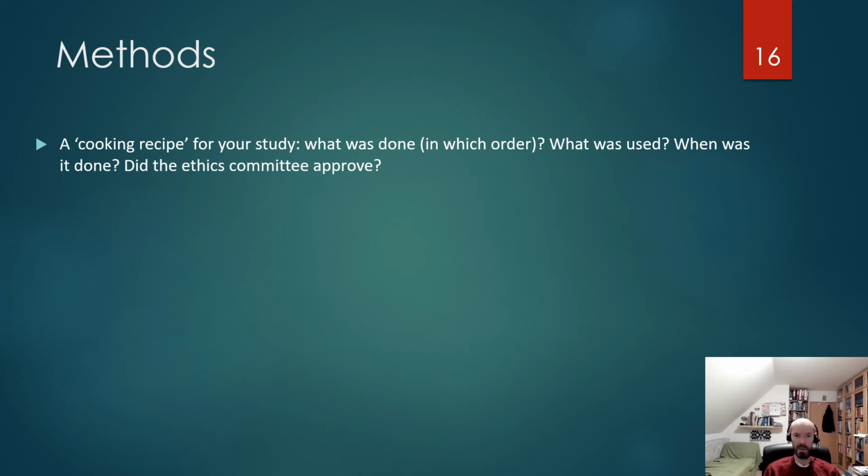So the methods section will tell people who maintained the records, what materials were used, when was what done, where were the records kept, and lots of other things. You can actually find a checklist in most of the renowned journals that will show you what needs to go into a specific methods section for a particular journal.